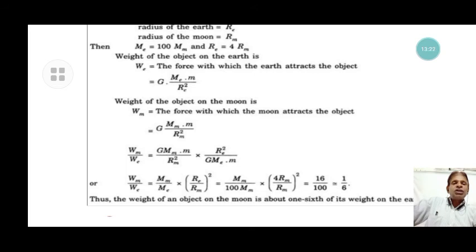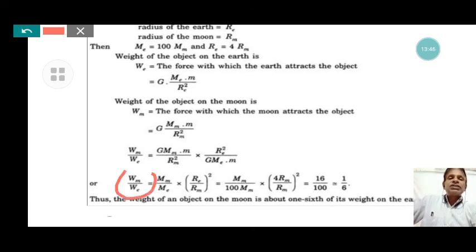Here R_e is equal to 4 R_m, and cancelling R_m, we get 16/100.